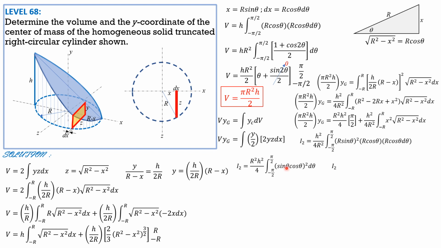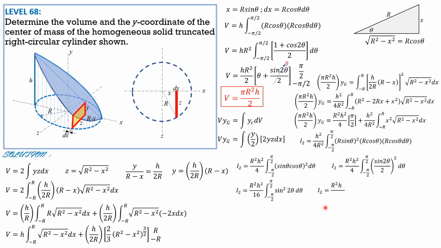The identity of this is sine 2 theta over 2. So I2 is r square h square over 4, integral from negative pi over 2 to pi over 2 of sine 2 theta over 2 quantity square d theta. So that would be r square h square over 16. Then sine squared 2 theta, the identity is 1 minus cosine 4 theta over 2.